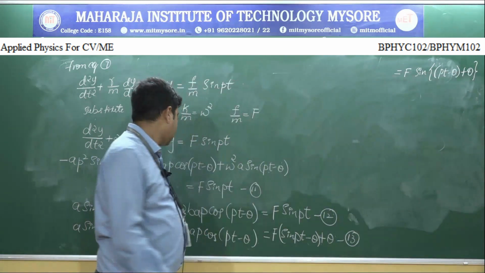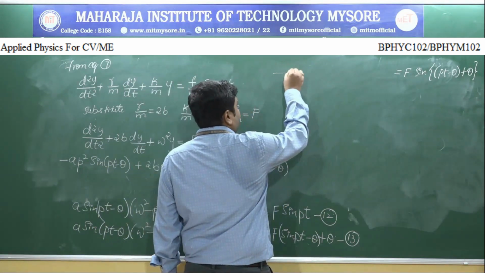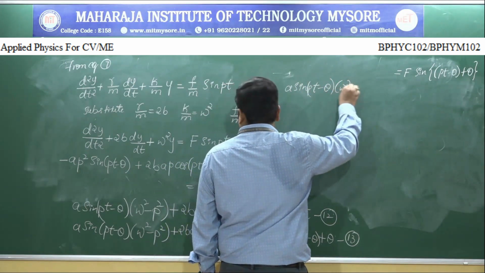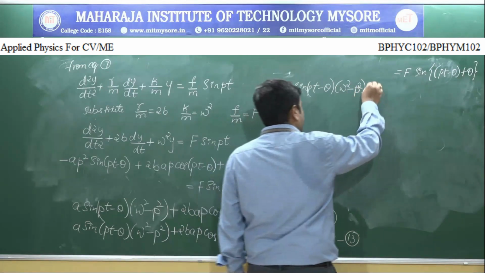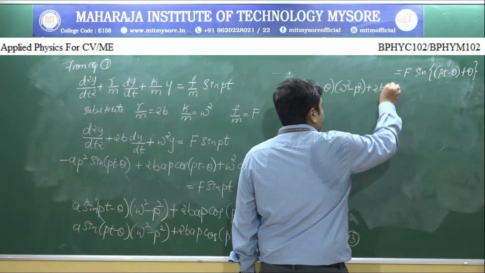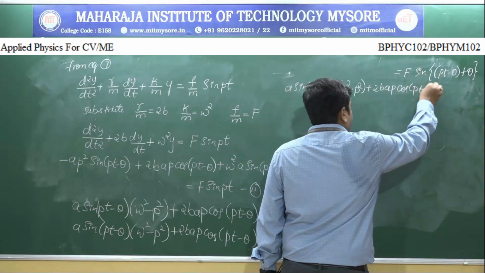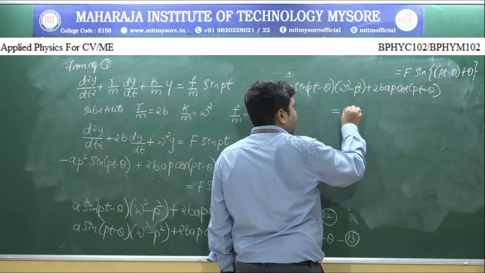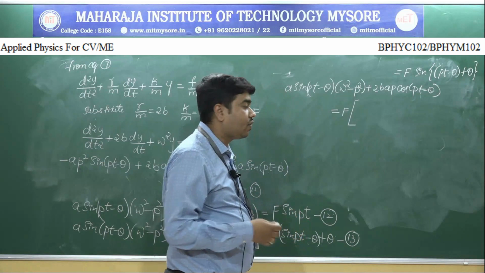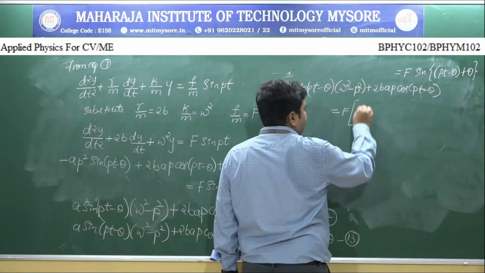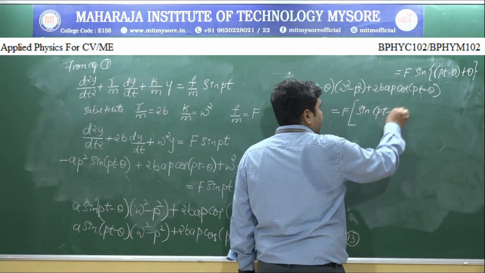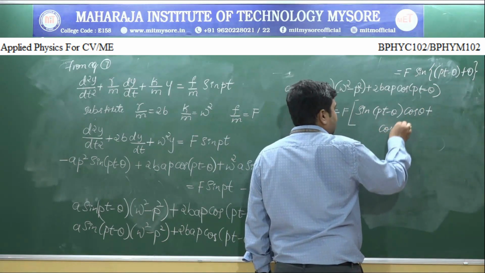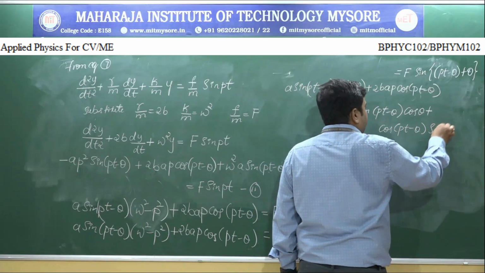We will just write the whole equation: A sin(Pt − θ)(ω² − p²) + 2bAP cos(Pt − θ) is equal to, we'll expand it in the form of sin(A + B), F sin(Pt − θ) cos θ + cos(Pt − θ) sin θ.